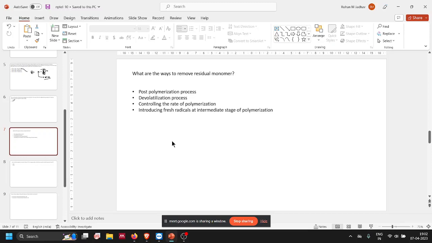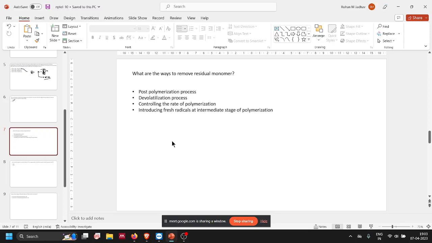Starting from the first one, we have the post-polymerization process. It consists of generating fresh radicals inside the system to generate new polymers. That is, the remaining monomers can again be polymerized by introducing a fresh set of radicals at the end of the polymerization reaction. It's like having a secondary polymerization reaction at the end of the main polymerization process.